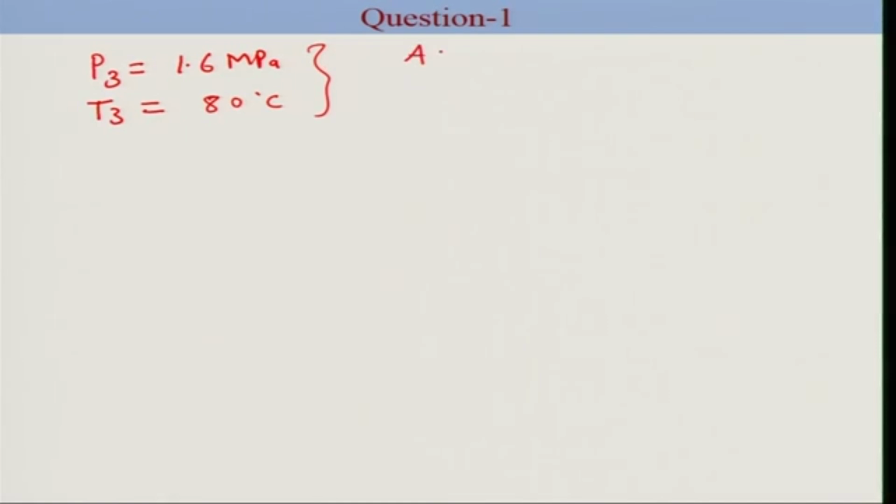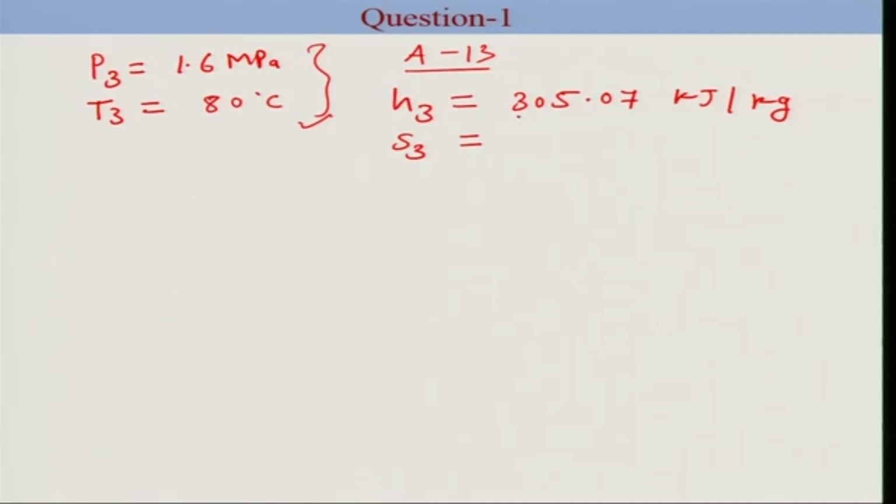So, from the table A13 corresponds to these conditions, we get H3, enthalpy at the state 3, equal to 305.07 kilojoule per kg. Now, further corresponds to this condition, S3, entropy, will be equal to 0.9875 kilojoule per kg Kelvin.